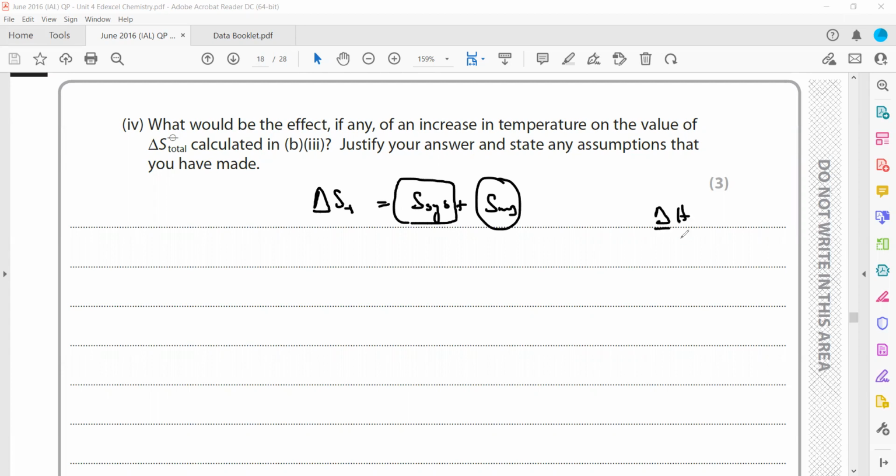The surroundings term is minus delta H by T. Because the reaction was exothermic, it was already minus H, so we were getting a positive answer for the entropy of the surroundings. But if we increase the temperature, the entropy of the surroundings decreases. If the entropy of the surroundings decreases, the sum will also decrease.